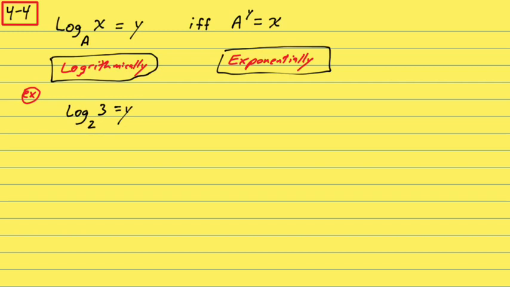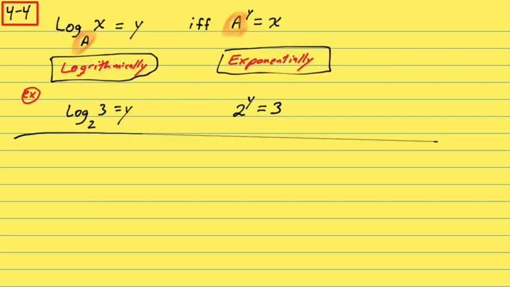So do you agree a is the base here? Let me do it in highlighter. a is the base here, and a is the base here. So the base is 2 raised to the y equals 3. So now I've taken it from logarithmically and written it exponentially.